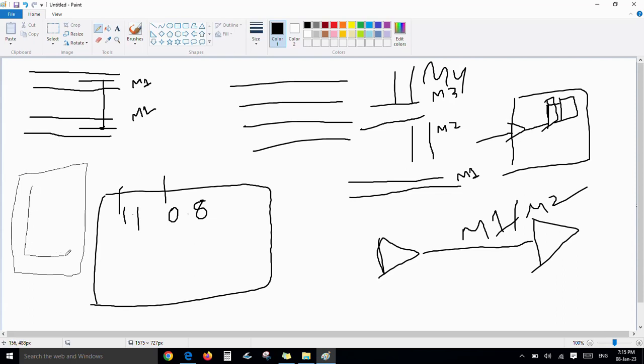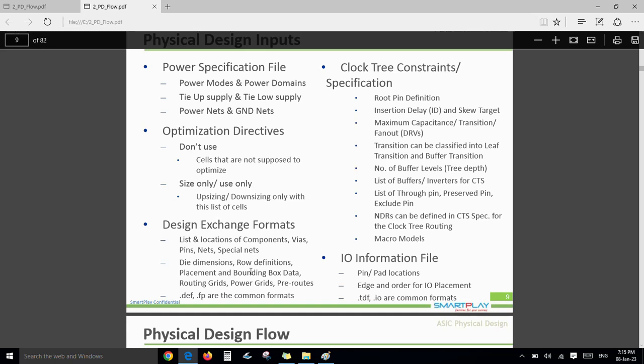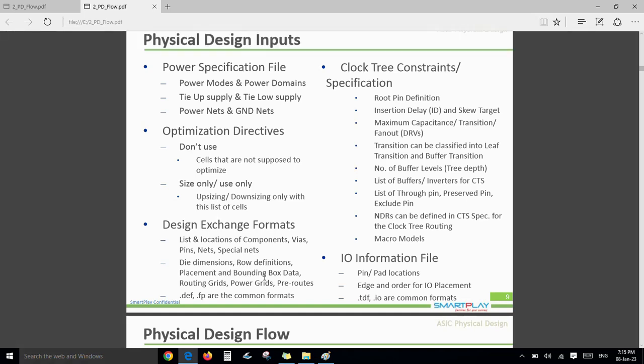Inside that there will be a core area, inside that there will be rows. Inside that I can place standard cells. That's right. Okay. And each and every piece of information, the spacing between them, and boxes, routing grids, power grids, pre-routes and DEF formats, each and every piece of information we used to have.